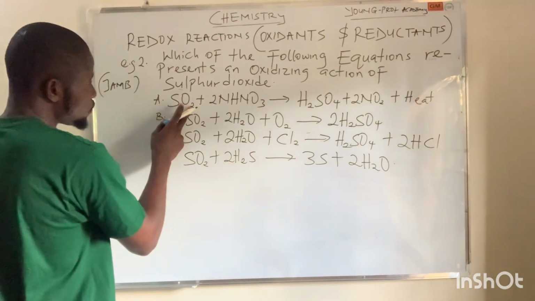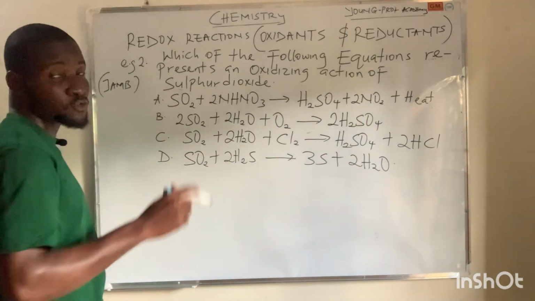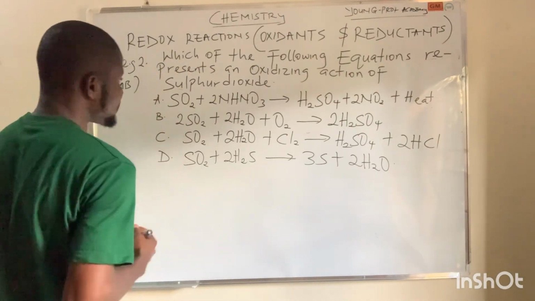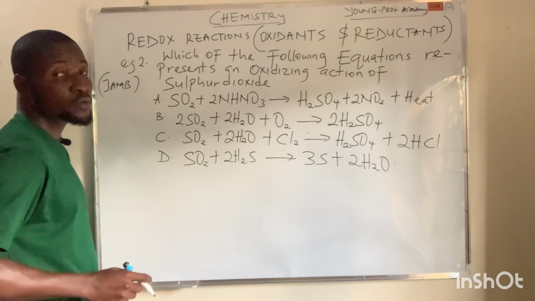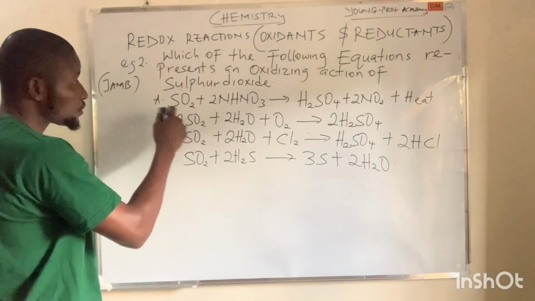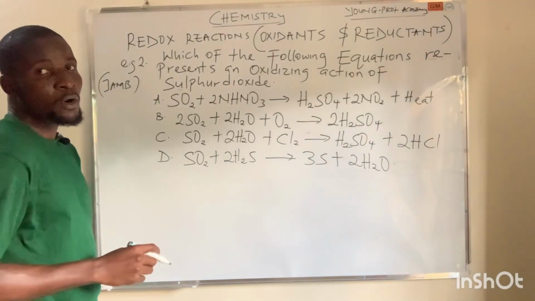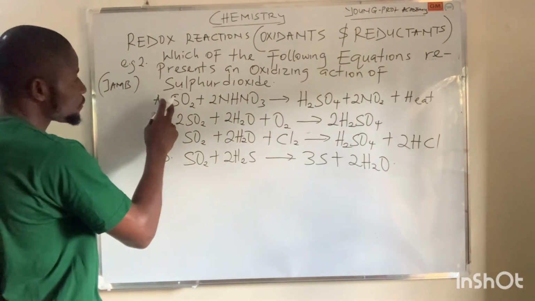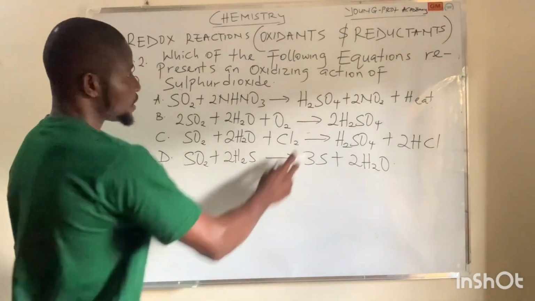Because I know that the 2 oxygens here have oxidation number minus 2, which is one of the rules, because this is not a peroxide or superoxide, it's a neutral compound. Now 2 times minus 2 is minus 4. Definitely 4 minus 4 is equal to 0, because the algebraic sum of the oxidation numbers of a neutral compound is equal to 0. So if this sulfur here is 4, now let us look at the sulfur here.